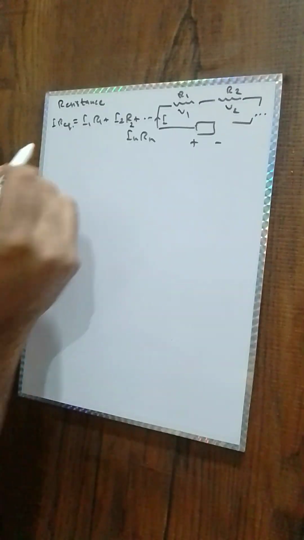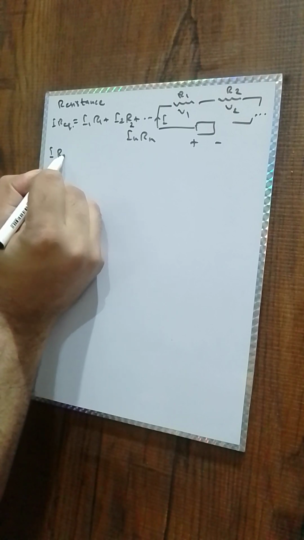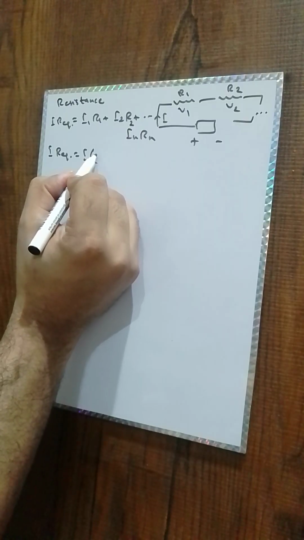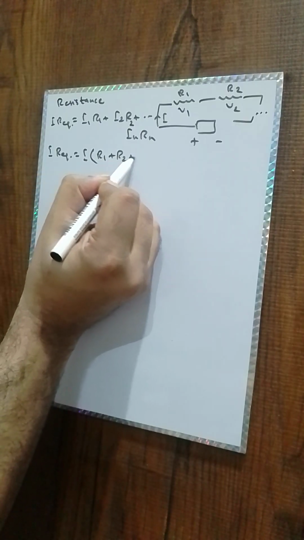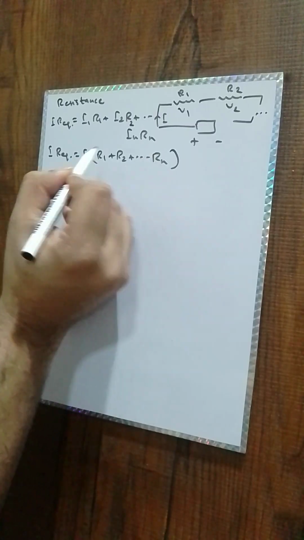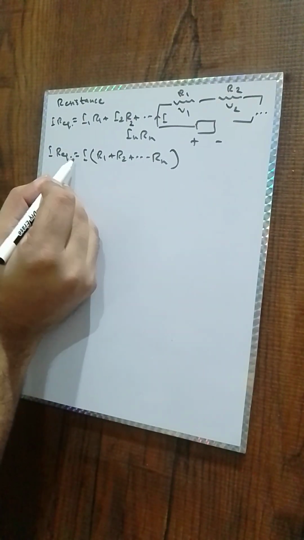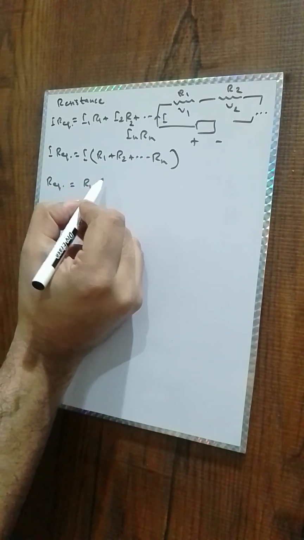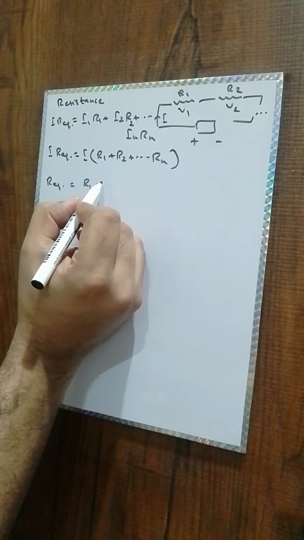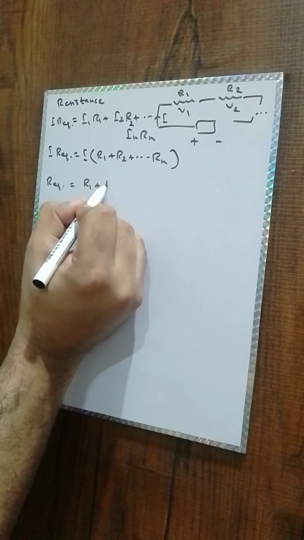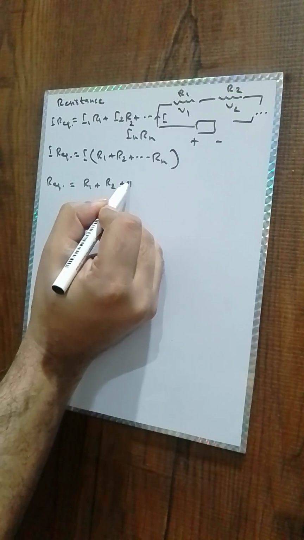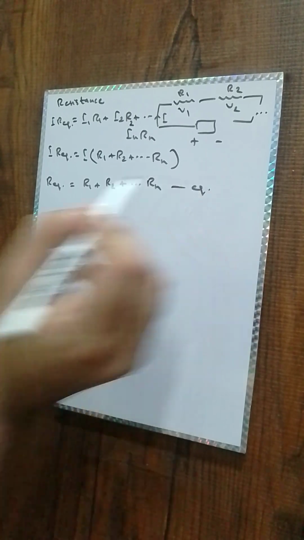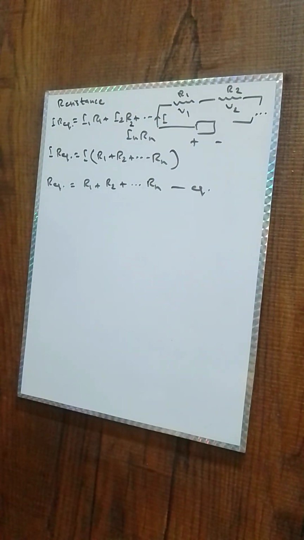Okay, so what is happening here is I R equivalent is equal to I taken out as common because it's the same throughout the circuit, R1 plus R2 plus up to RN, and I cancels out with I, so R equivalent, the equivalent resistance for the circuit in totality, becomes R1 plus R2 plus up to Rn. So this is a form of interest here.